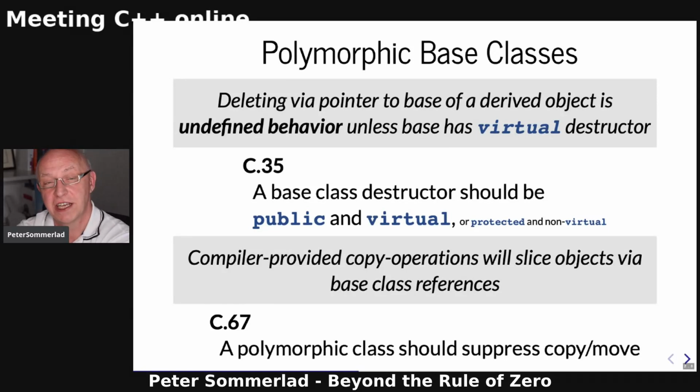Then you will actually have the problem that your compiler might take your derived class object that is behind a pointer or reference and silently copy that. So if you have a hierarchy, you only want to have your classes referred to via pointers or references to the base class to actually use the polymorphic behavior. And this means you should suppress the copy and move operations.